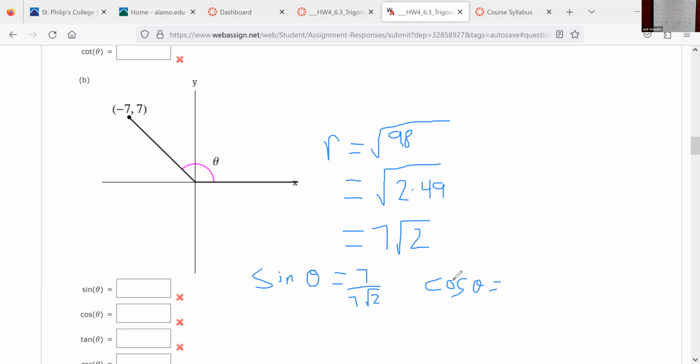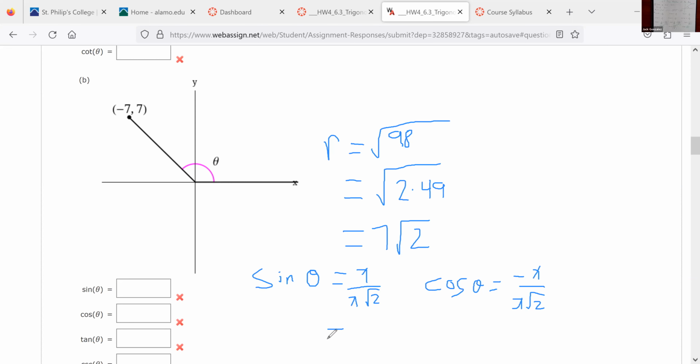Because cosine is negative in this section. So it should be -7 over that, over this value. Okay. And then you have to rationalize, and these cancel.